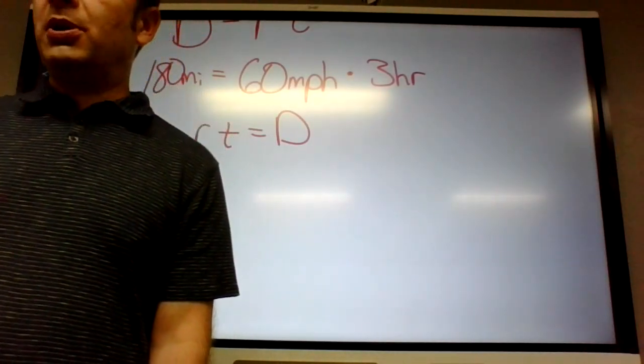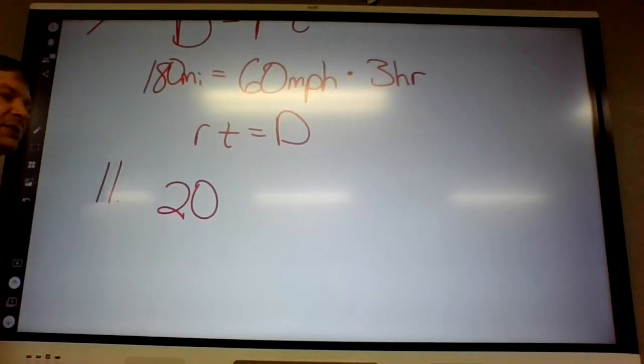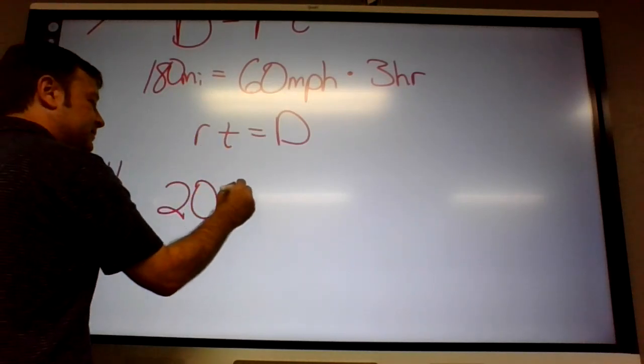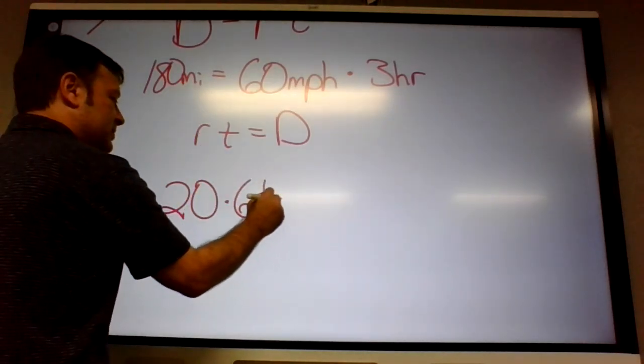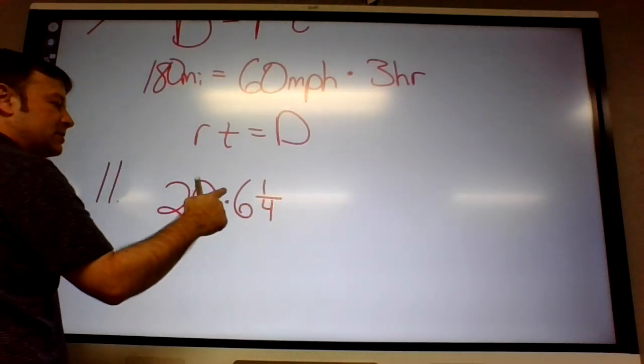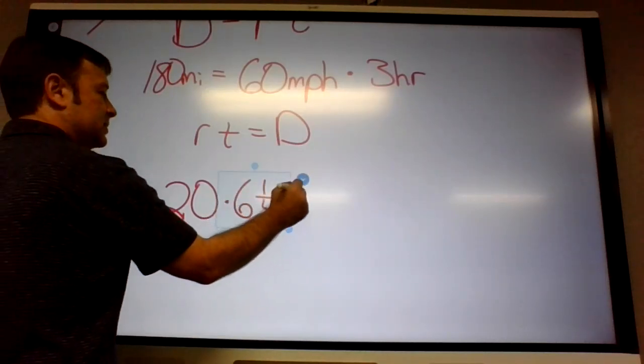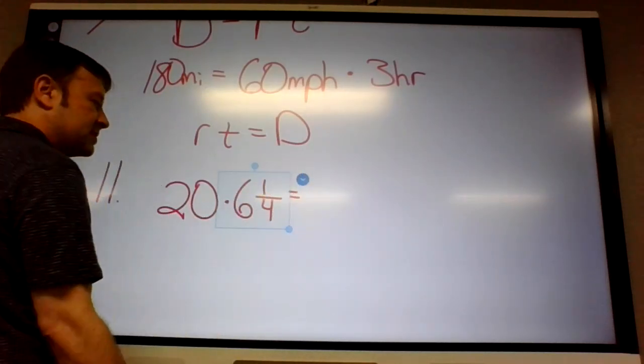For 6 1/4 hours. 6 1/4 hours is the what? It's the time. So you do rate, 20 miles an hour, times time, to get the distance.